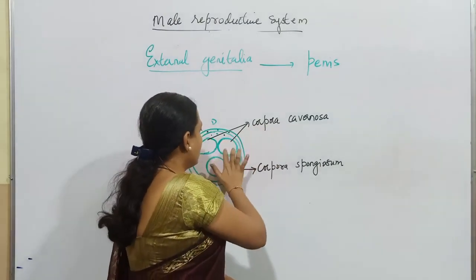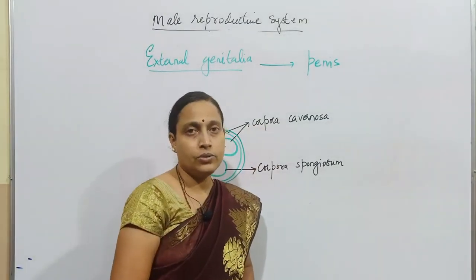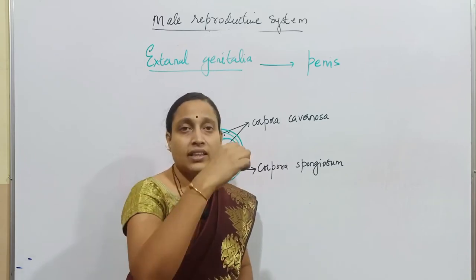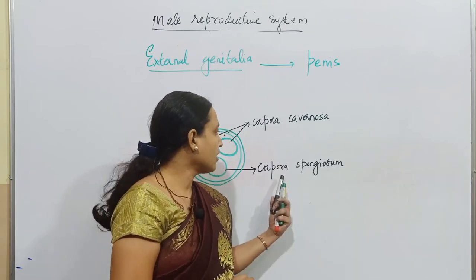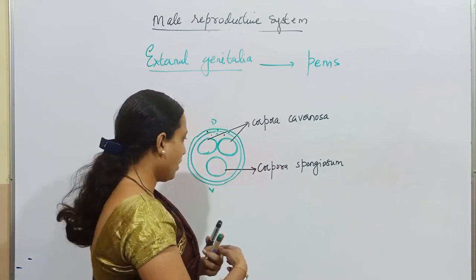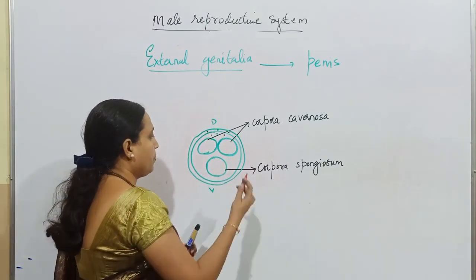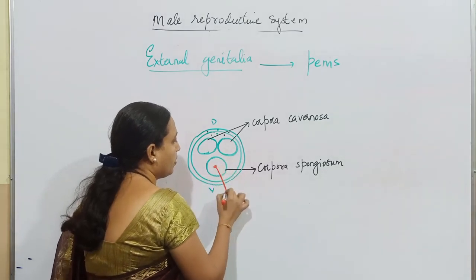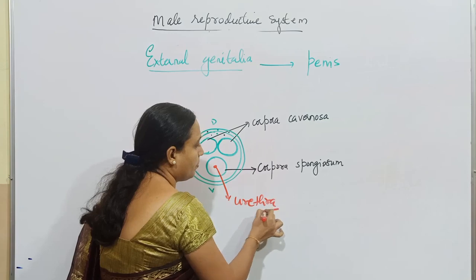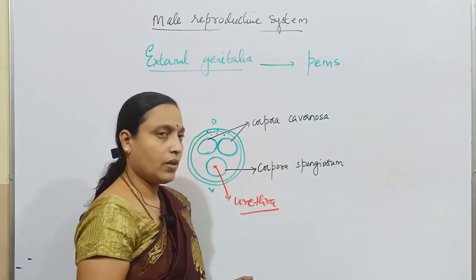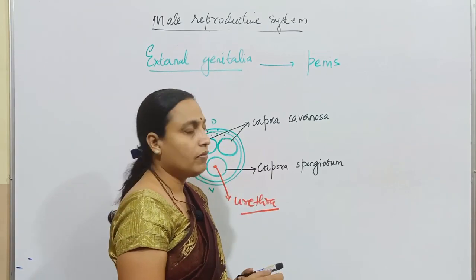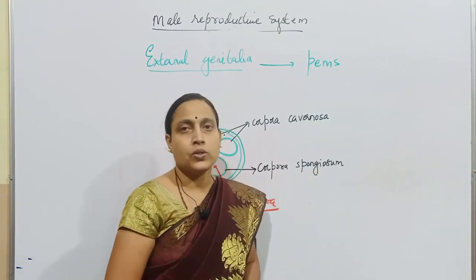Among these three erectile tissues, in one of them the urethra will be passing, and that is the corpus spongiosum. So in the cross section of the penis, the urethra is found in the corpus spongiosum.